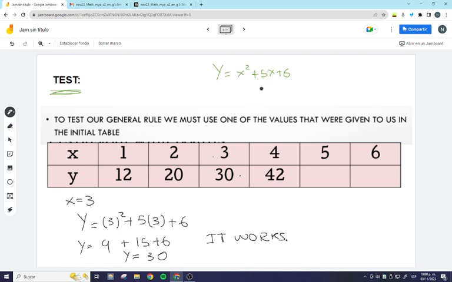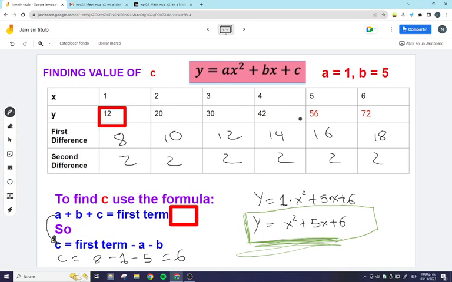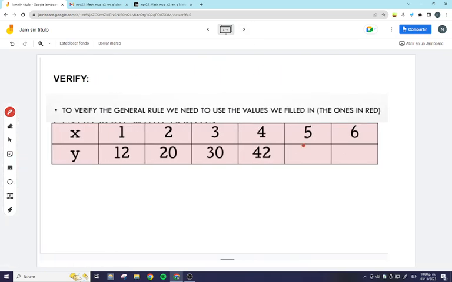Now, for verifying, we are going to do exactly the same, but with positions 5 or 6. Remember, don't go outside the table. Just 5 or 6, which we know to be 56 or 72. We are going to check if that's actually correct. So let me write it again: 56 and 72.